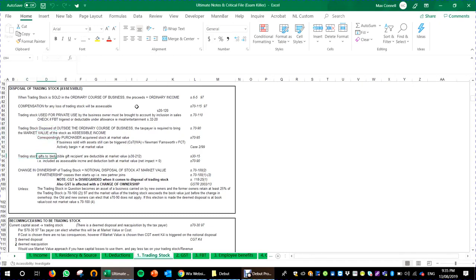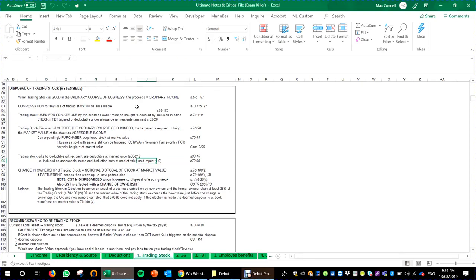Okay, so deductible stock gifts to a deductible gift recipient are deductible at market value. However, on the other side, you must include the assessable income and deduction both at market value. So the net impact of that charitable donation is actually nil, because you're getting a deduction for giving away the stock, but you're including it in your assessable income.